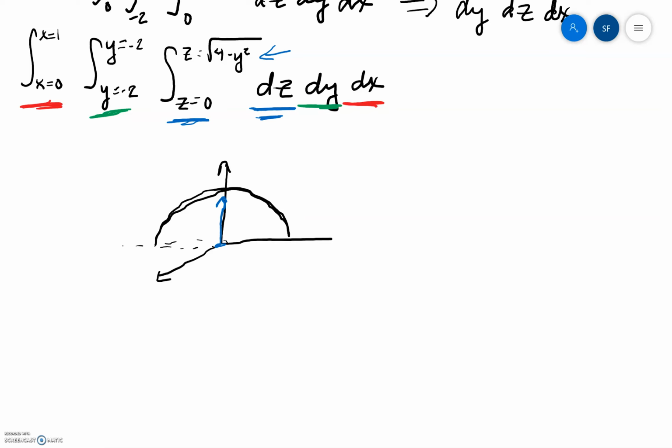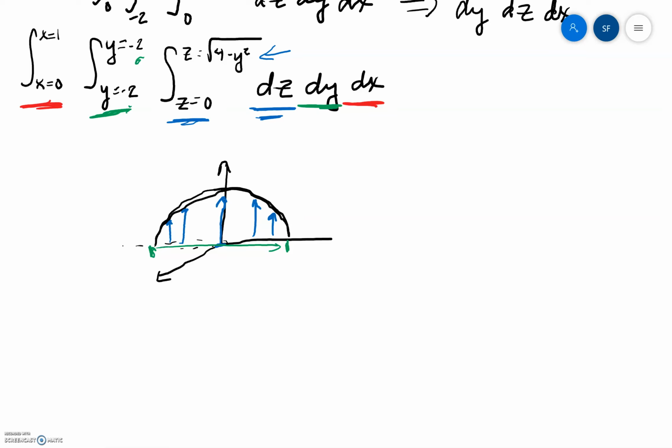And in terms of y, going this direction, we start at -2 and go to +2, so we're doing this entire half circle, not a quarter of the circle.